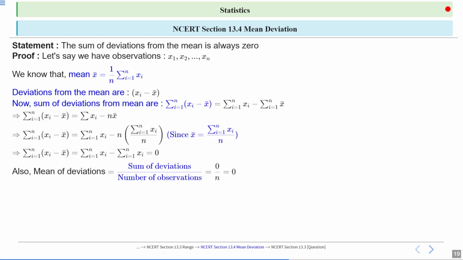Also, the mean of deviations equals the sum of deviations upon the number of observations. The sum of deviations is always 0, so 0 upon n is equal to 0. The mean of deviations is 0.